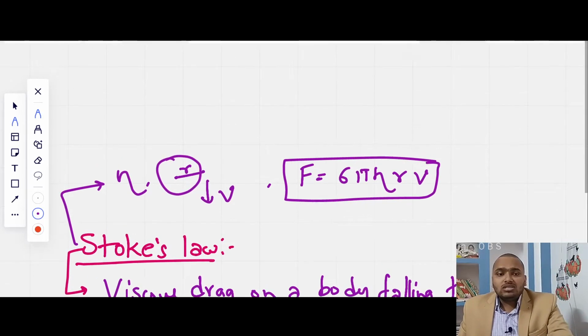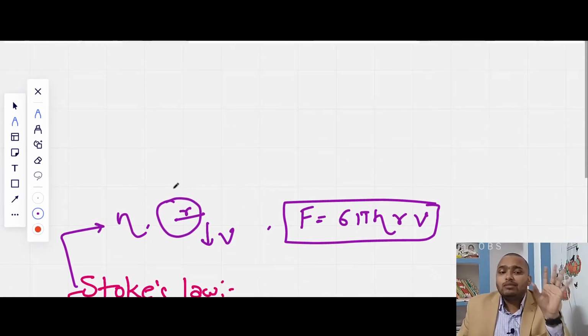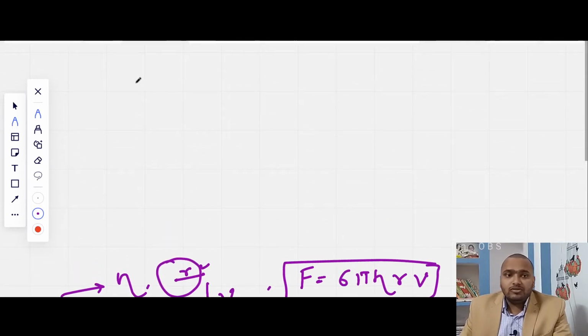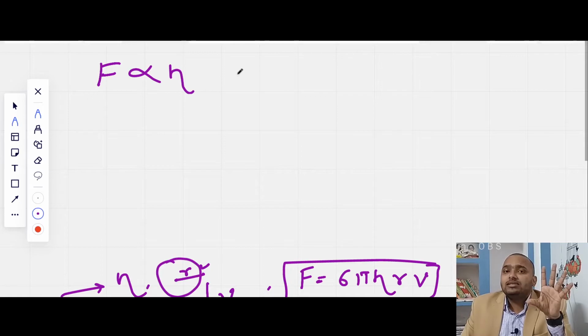Clear? Now the question is how to prove it. It's very important to remember that Stokes law gives this viscous force by taking a spherical object only. Now if you want to really prove this law, we see that this force depends on eta, the coefficient of viscosity, the radius of the sphere, and the velocity of the sphere.